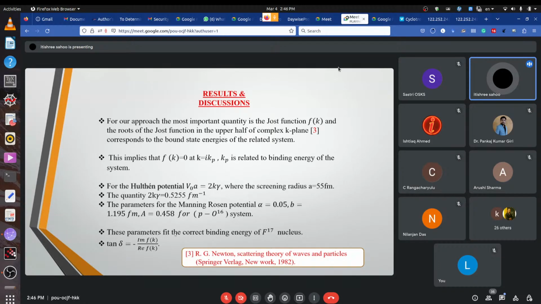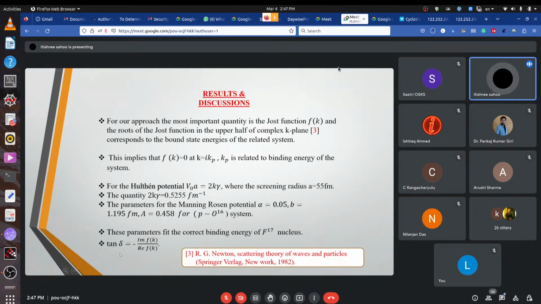For the Manning-Rosen potential we take alpha equal to 0.05, B equal to 1.195 femtometer and A equal to 0.458 for the proton oxygen system. Using all this data and running it in a programming language, you will find that these parameters fit well with the correct binding energy for the fluorine 17 nucleus.